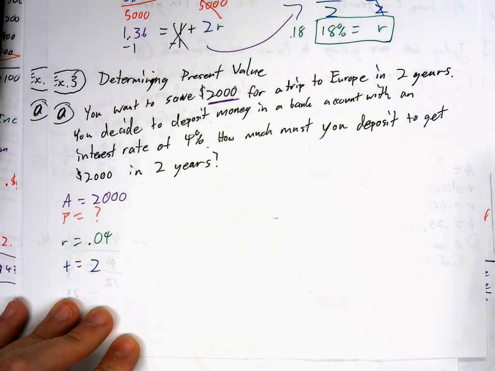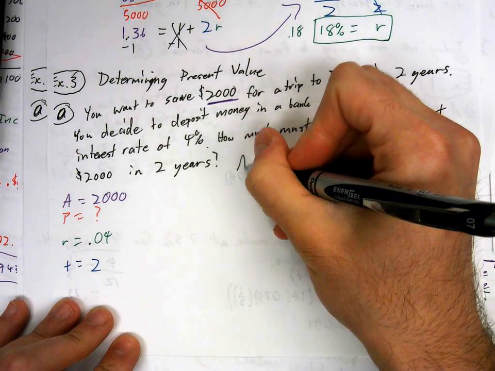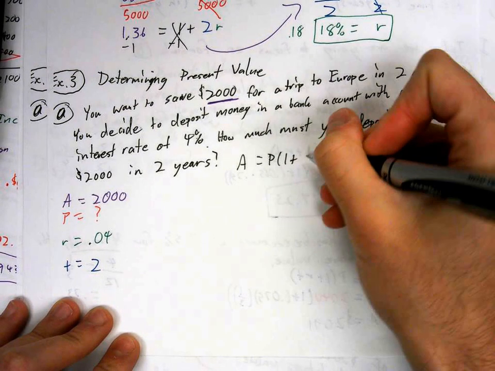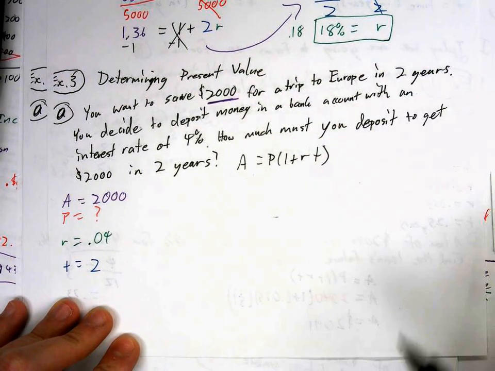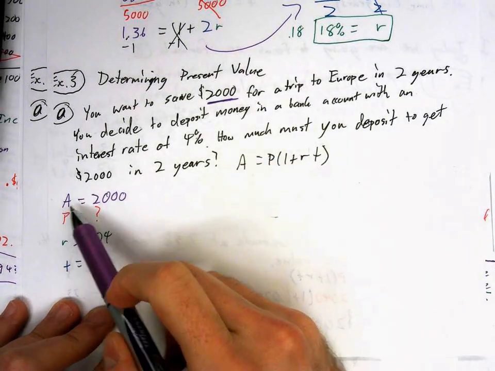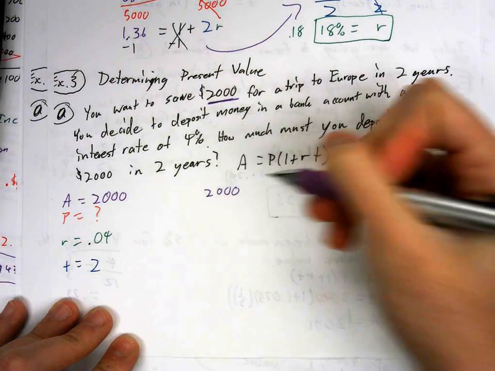So going to our equation, the equation that we were using was A equals P times 1 plus RT. So we're going to go and plug in those values as they fit. So here we have A, that's 2,000, so our future value is going to be $2,000.